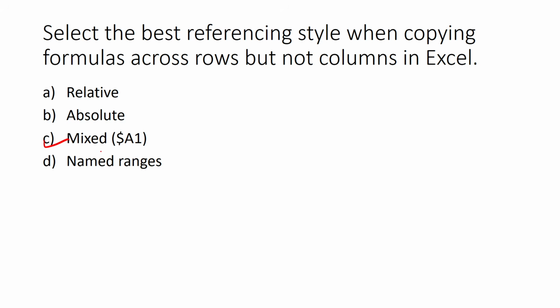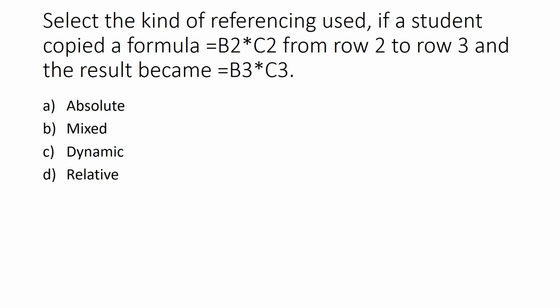When you go across the rows, it will keep on increasing: $A2, $A3, $A4, $A5. But if you want to copy across columns but not rows, the answer would be A$1, B$1, C$1, like that, if the question had asked for columns and not rows. Okay, move on to the next question.